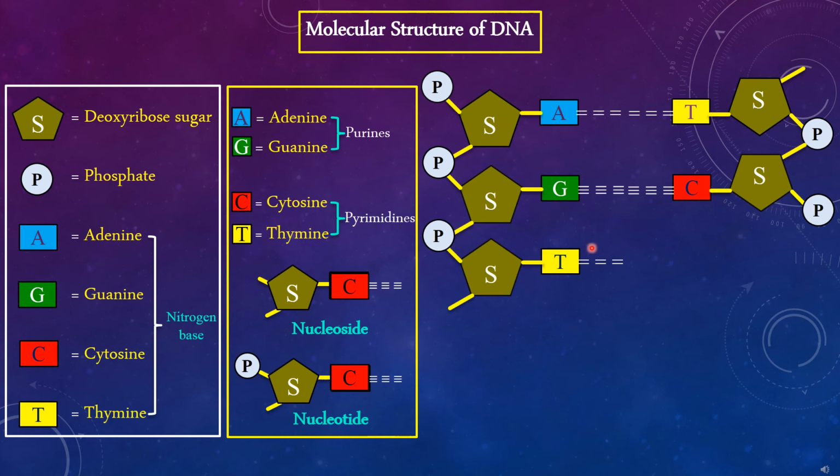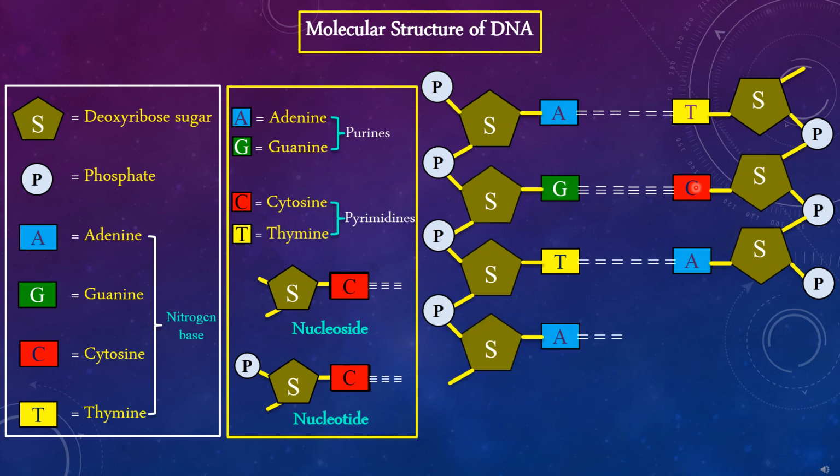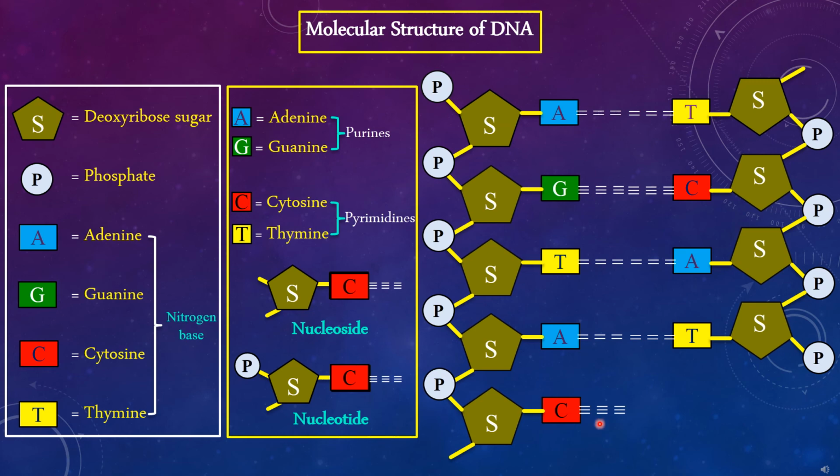Another nucleotide has thymine. Thymine is what type of nitrogen base? It is a pyrimidine, so on this side there will be a purine, adenine. Mind it: here it is pyrimidine, purine; here it is purine, pyrimidine. Adenine is purine, thymine is pyrimidine.